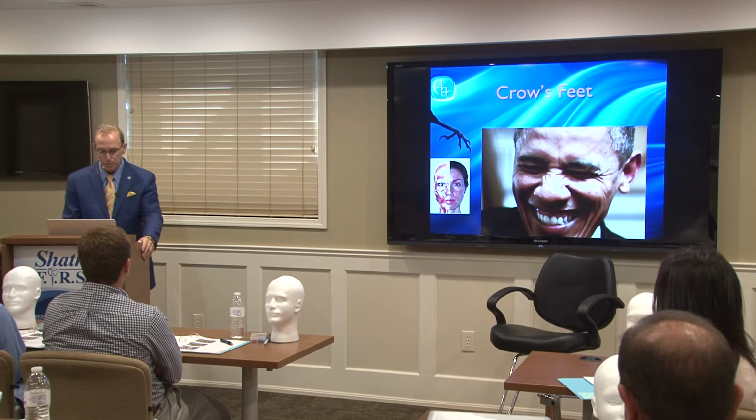And when I say young individuals, I do people in their 20s and 30s that are just starting to see some lines develop there. If that's the case, we'll inject them. We'll use a very small dose just to relax it. You don't have to overtreat it, and you'll be doing it for several years before they might otherwise have developed those lines, but you can prevent that. Sort of a proactive approach.